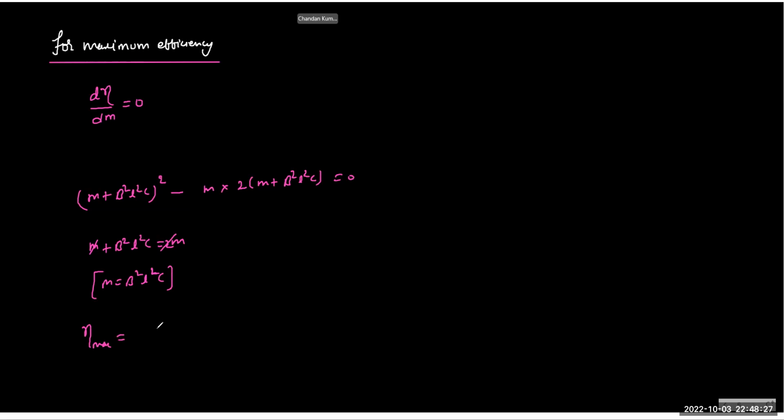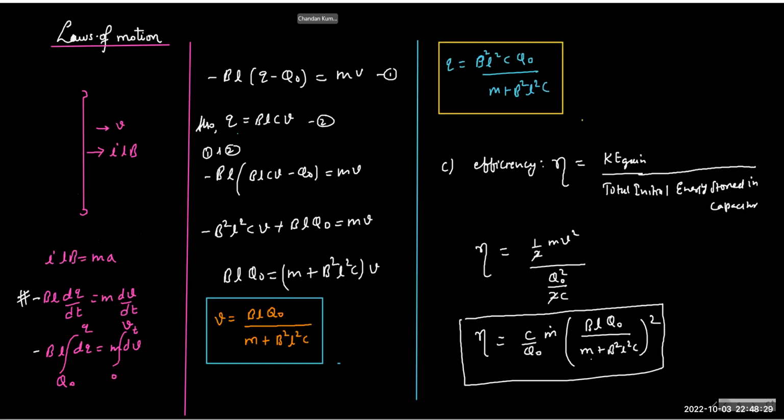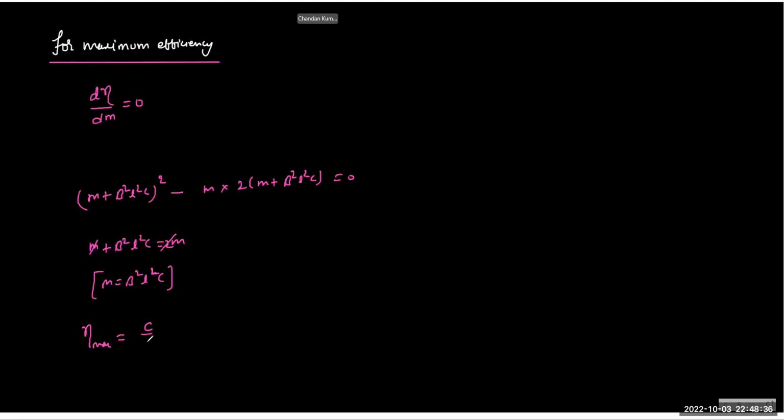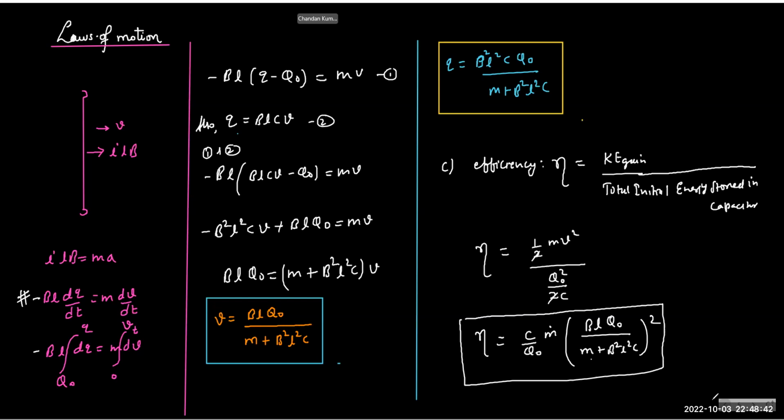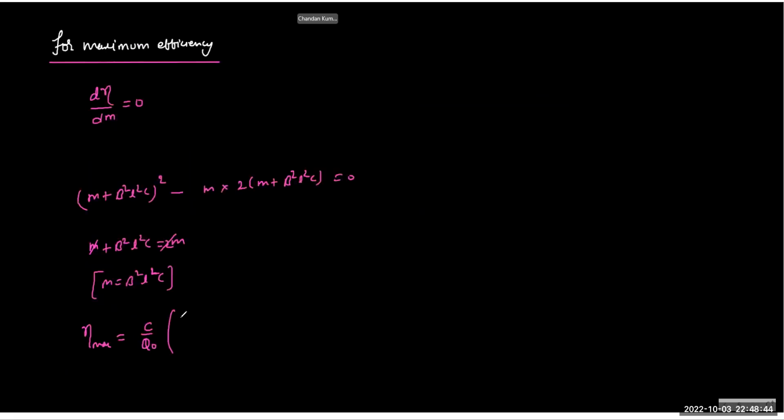So answer will be eta max is C by Q naught into M. Okay. So we can replace this by M, no?